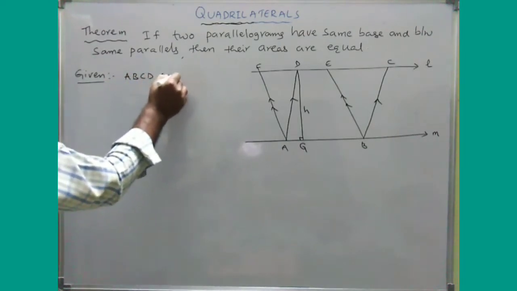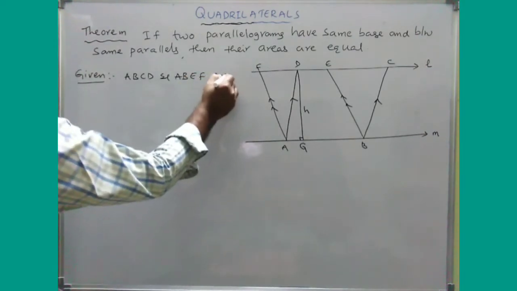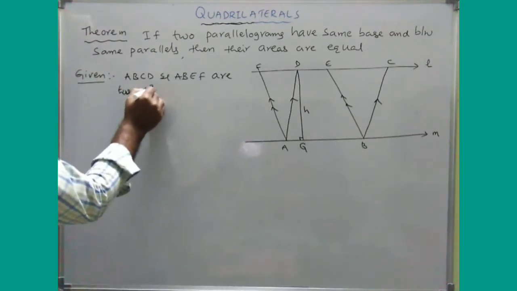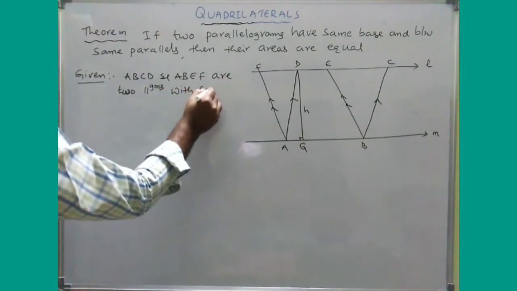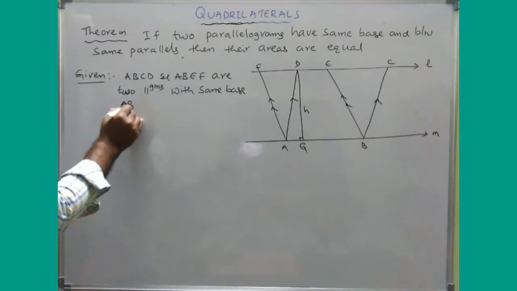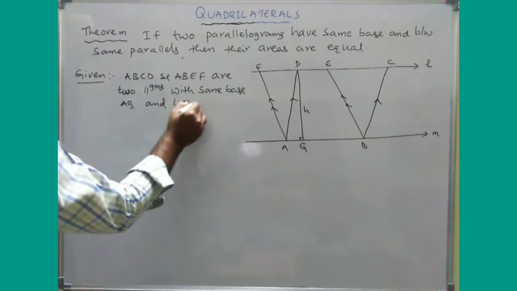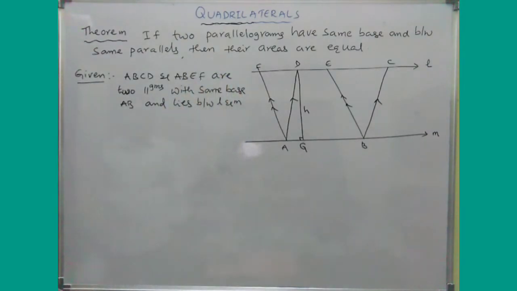ABCD and ABEF are two parallelograms with the same base AB, and lie between two parallel lines L and M. And what we have to prove?